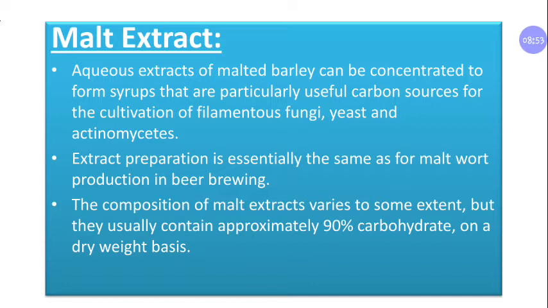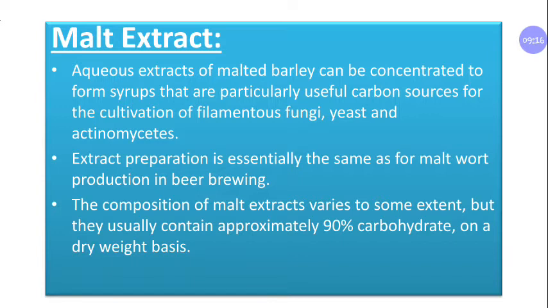Next is malt extract. Aqueous extracts of malted barley can be concentrated to form syrups that are particularly useful as carbon sources for the cultivation of filamentous fungi, yeast, and actinomycetes. Extract preparation is essentially the same as for malt wort production in beer brewing.